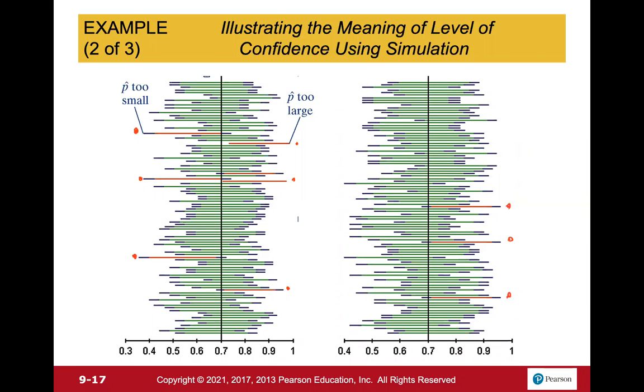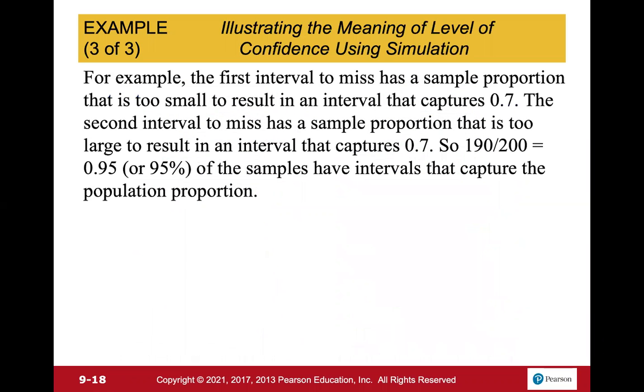And I don't see that last one. They said there were 10. This one right here. All right, so with all these 200 different sample proportions, only 10 of them did not include the actual population proportion, which was 0.7.